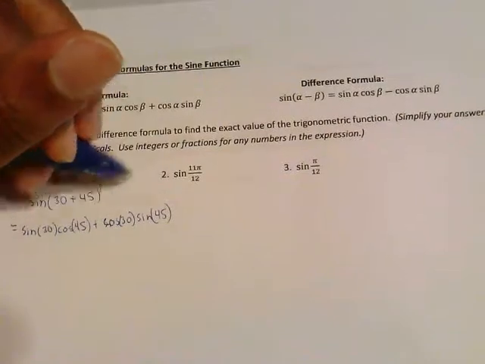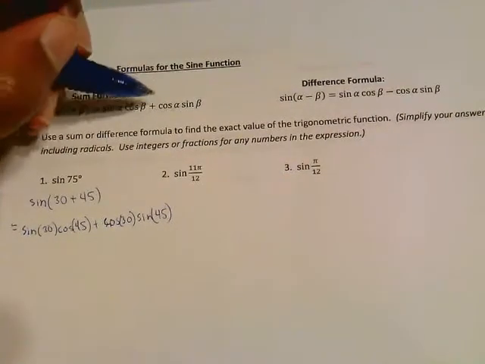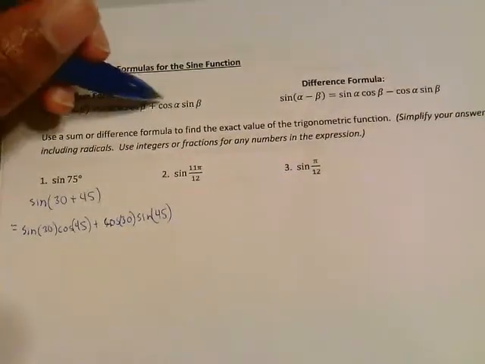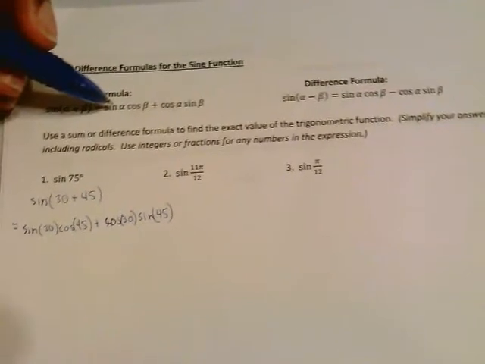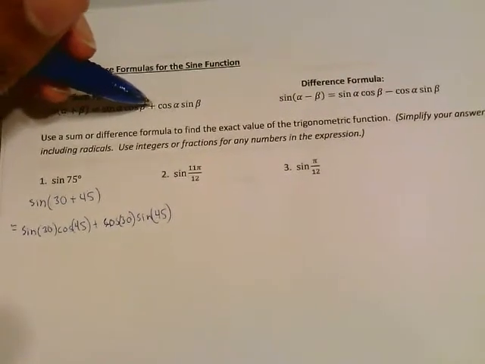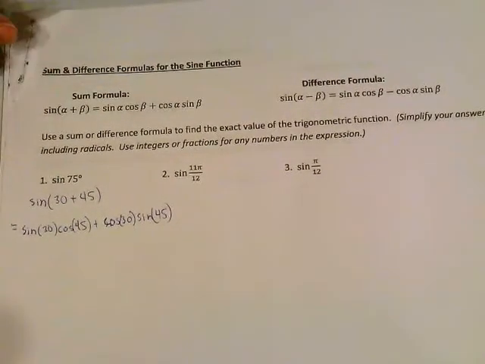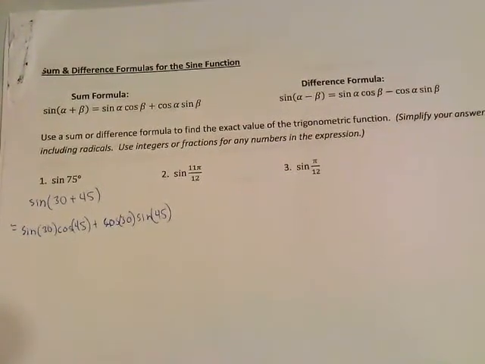And I'm writing it to be consistent with the formula up here, but if you like to keep sine first, you can do sine alpha cosine beta plus sine beta cosine alpha. So if it's easier for you to remember the formulas that way, you can go ahead and plug it in like that too. They all work out the same.